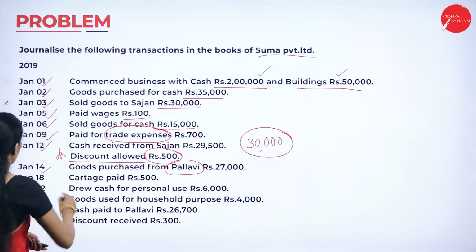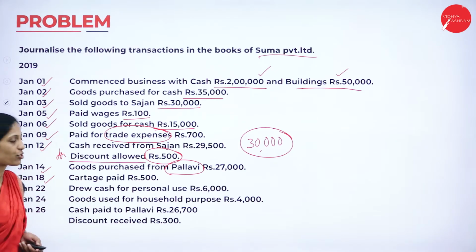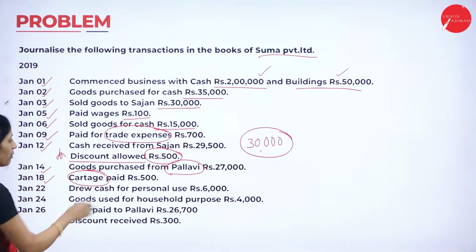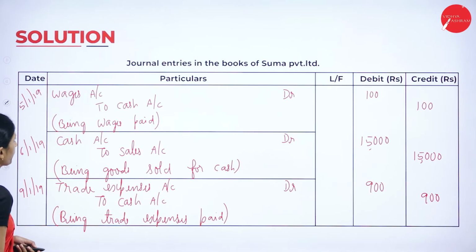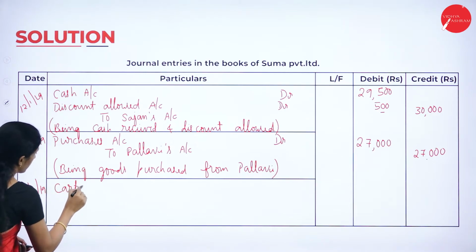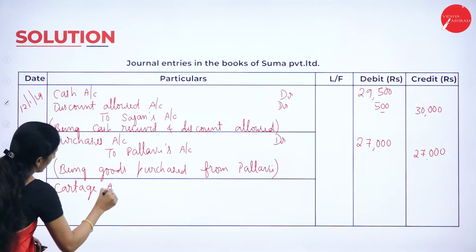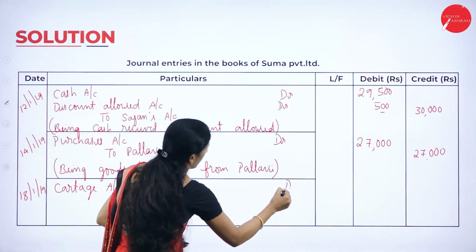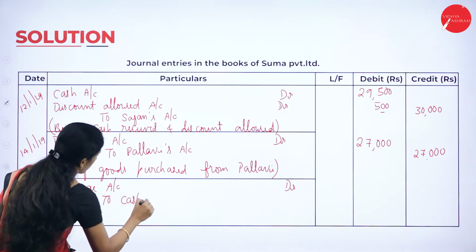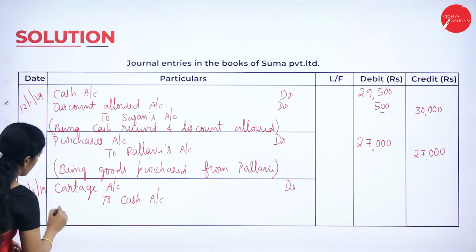Next one, 18th. Cartage paid. So cartage is an expense. So debit all expenses. So cartage account debit to cash account. How much? 500. So 18/1/2019. Your entry is cartage account debit to cash account, because cash goes out from the business.